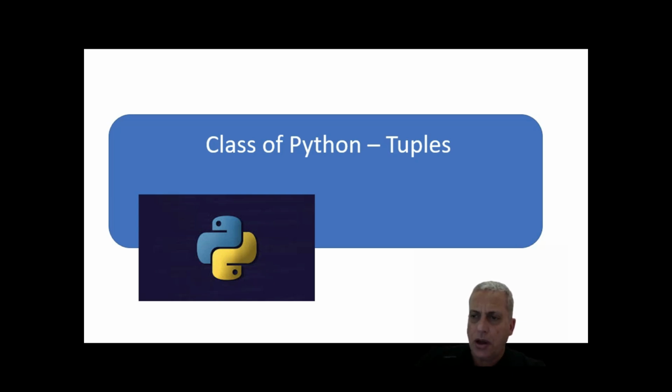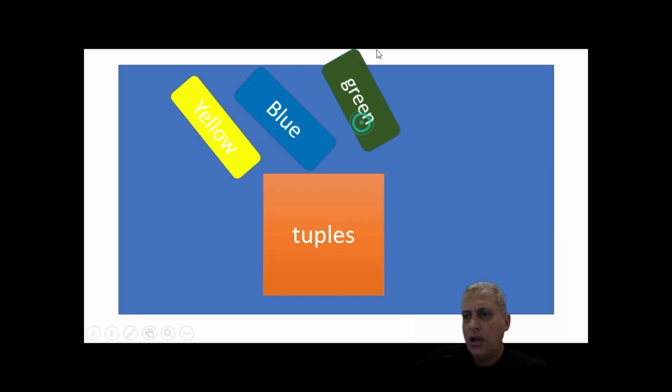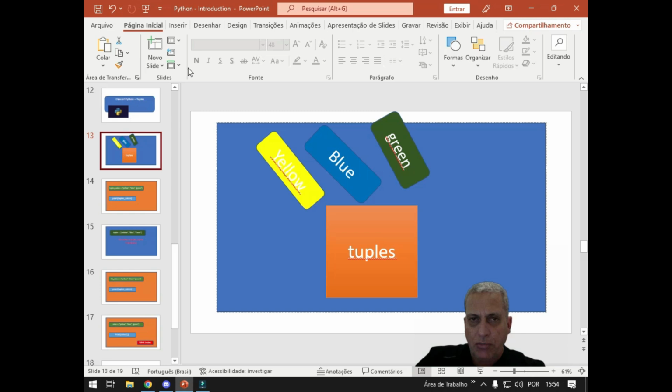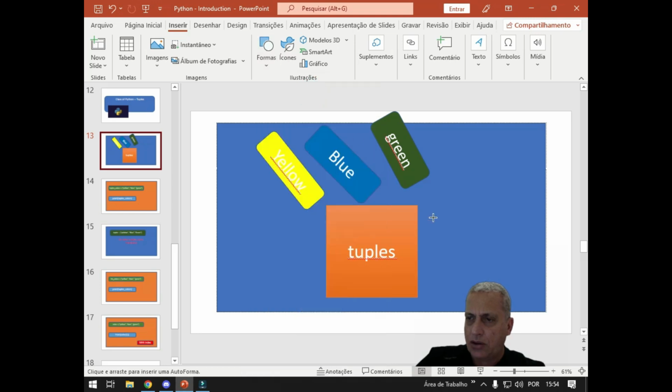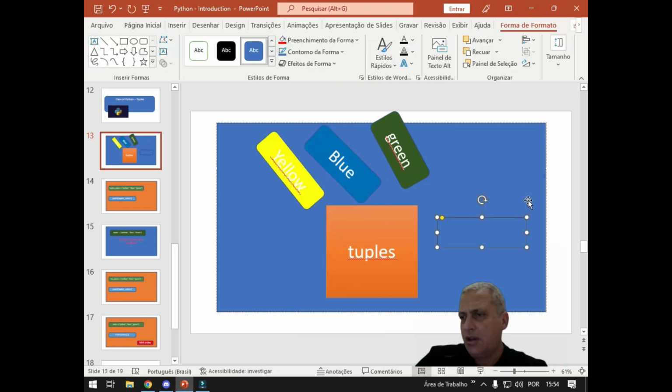We saw in the last classroom something about variables. Do you remember the variables that we talked about? We made a comparison like a box that you put something inside.